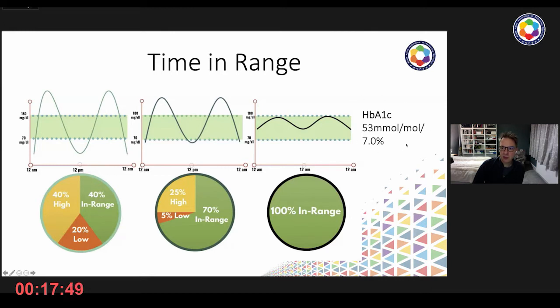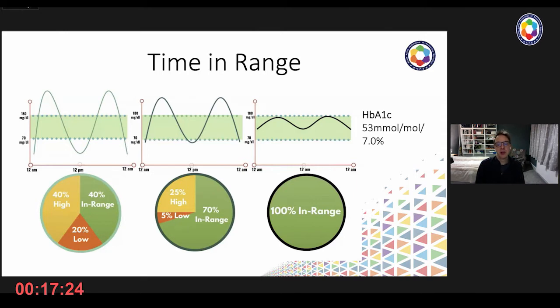They all have an HbA1c of 53 millimoles per mole or 7.0%. But you can see that these are very different qualitatively for the person living with those profiles. This person has high glucose and hypoglycemia. This person has some high glucose and occasional hypoglycemia, and this person is spending 100% time in range.